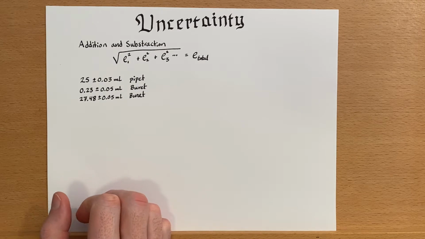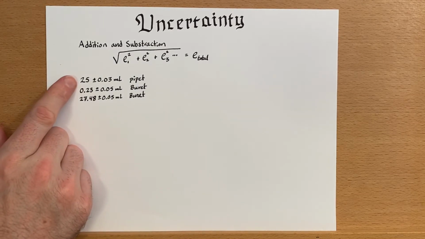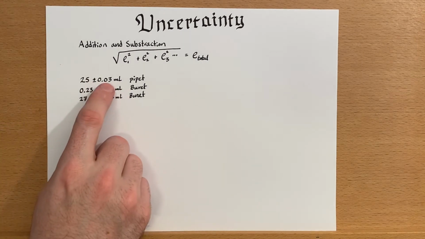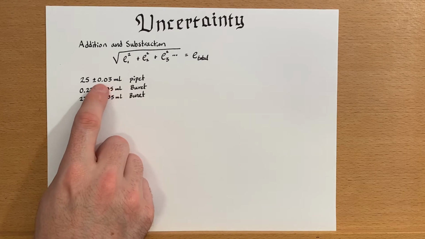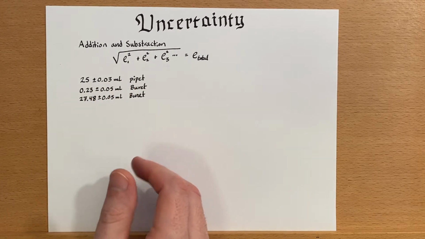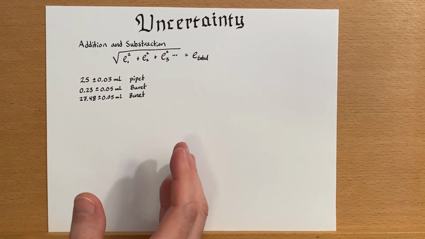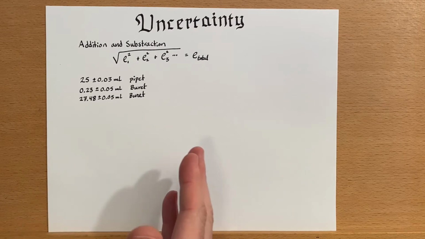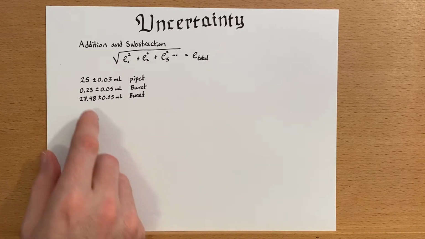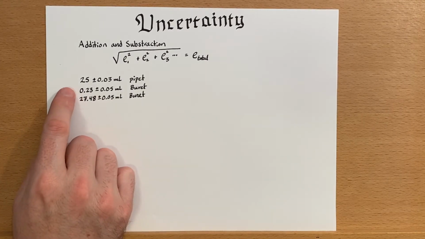Let's say that I took a pipette that is 25 milliliters, and the 25 milliliter pipette has a standard absolute error of 0.03 milliliters, and I've added that to a flask. And then I have a burette, and I'm going to add additional volume from the burette into the flask. I just made up this example to be simple.